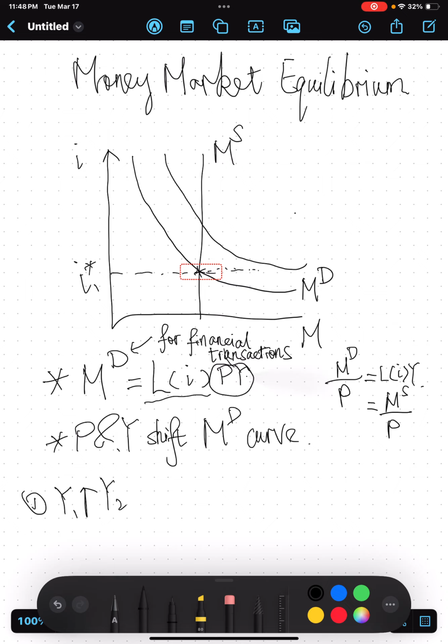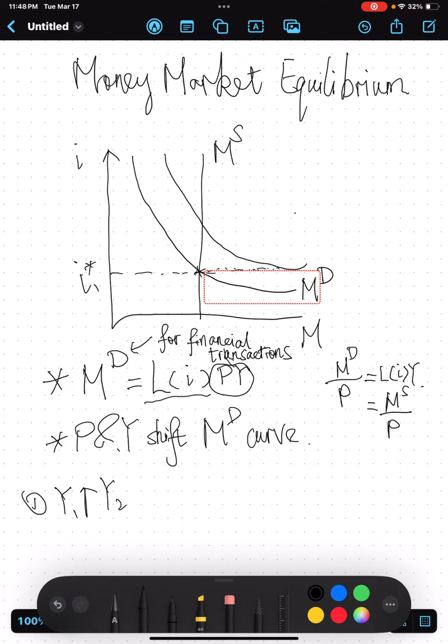But now you make 2,000 with that same 20% liquidity preference, so naturally your money demand also doubles. Therefore the entire demand curve shifts right.